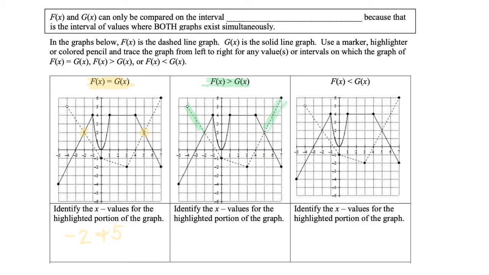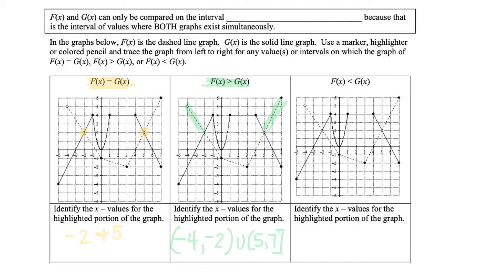That's going to be from -4, again, remember we're going over the x values, so -4 not included, to -2, and then union, this other side is 5 to 7, and 7 is included there.